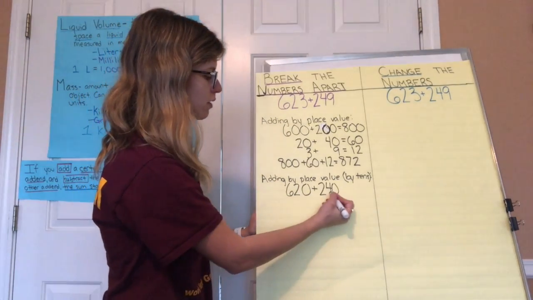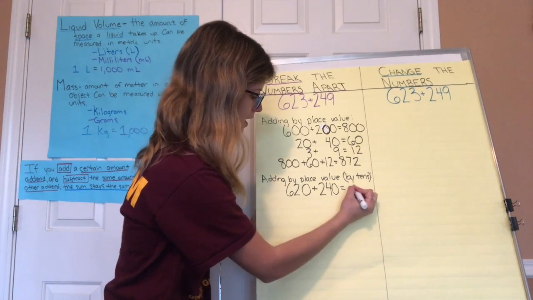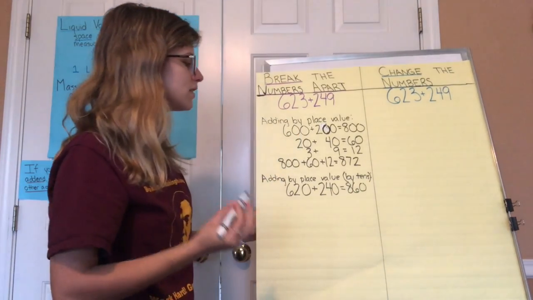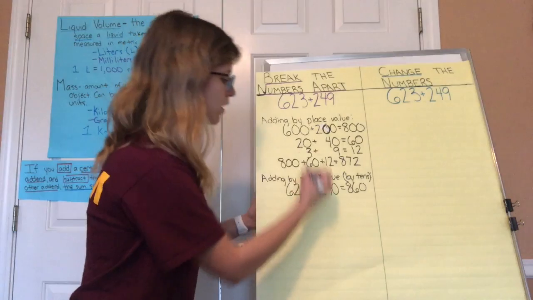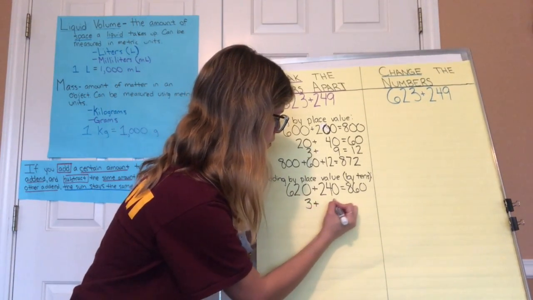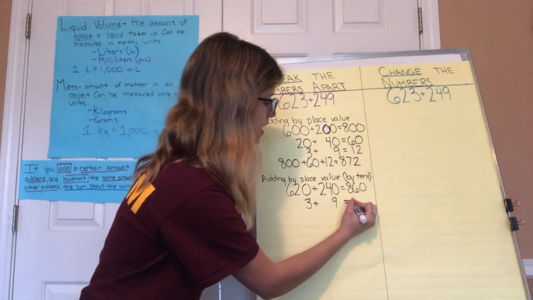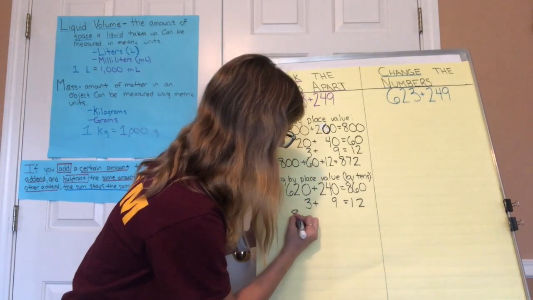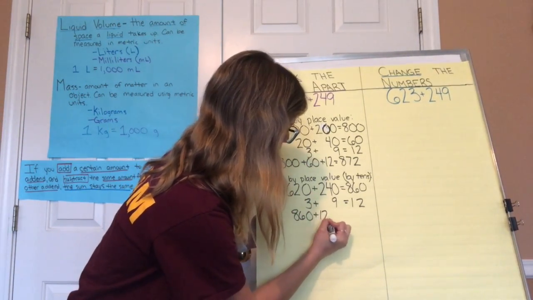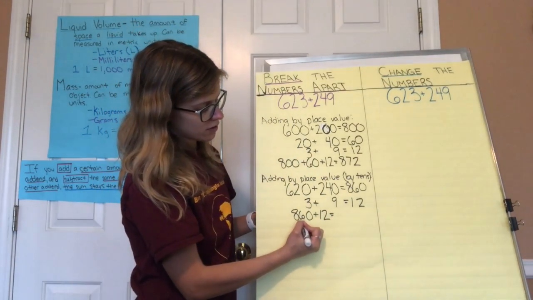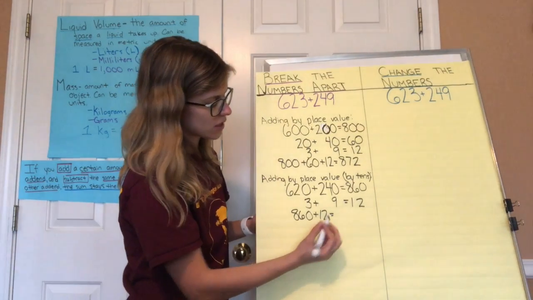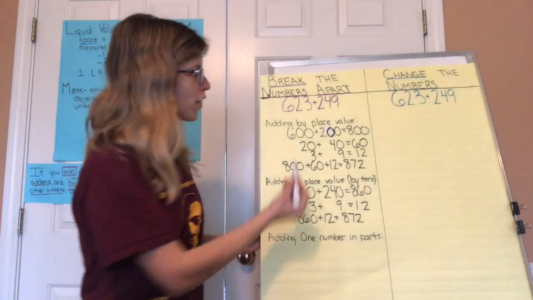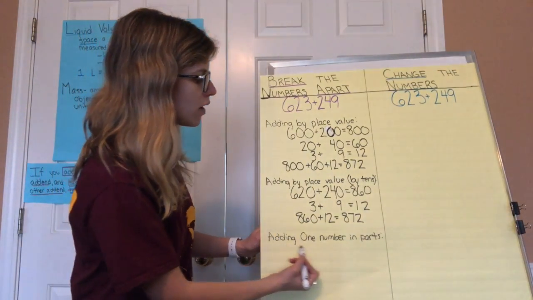And 620 plus 240 would be 860. And then I still need to be thinking about my ones place, which would be 3 plus 9. And 3 plus 9 equals 12. So then I need to add 860 plus 12. And we know that this 1 is 10, so it needs to get added to my tens place. So I'd get the answer 872.